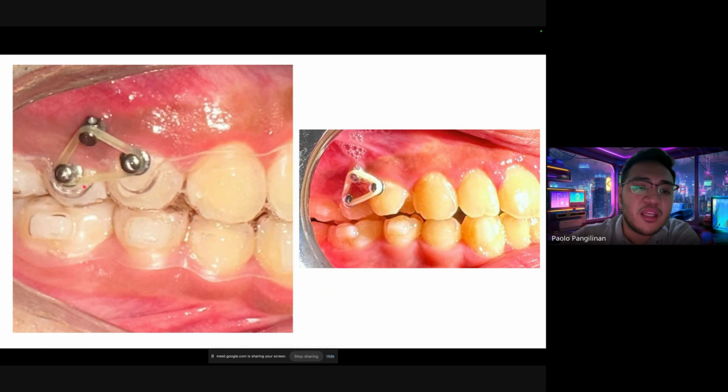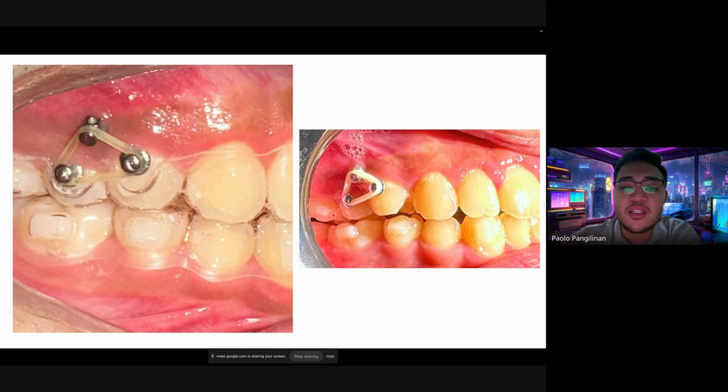This is something that we did. Basically, our objective here is intruding the posterior segment without causing anterior extrusion. So instead of engaging the entire aligner system, we just engage the premolar here, and as you can see, we develop significant intrusion in this case, while preserving the position of our canines, our lateral and our central.